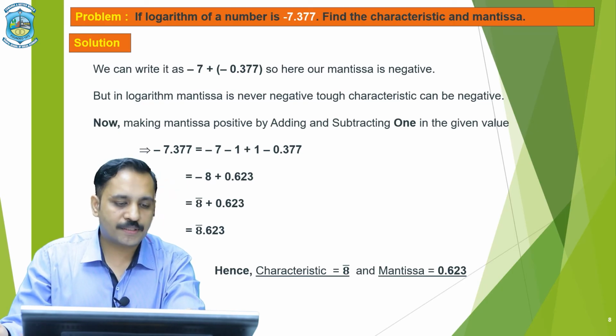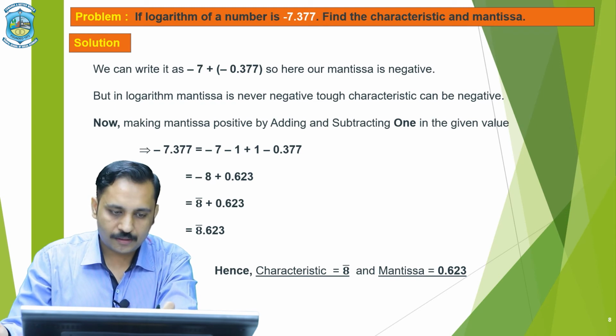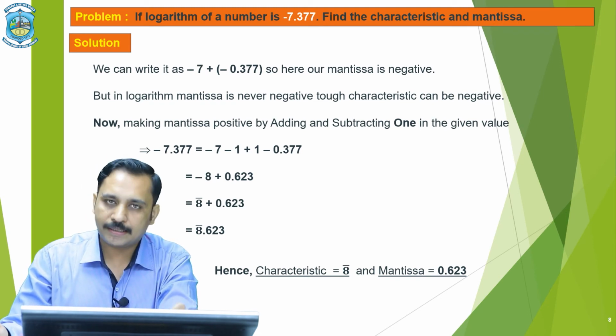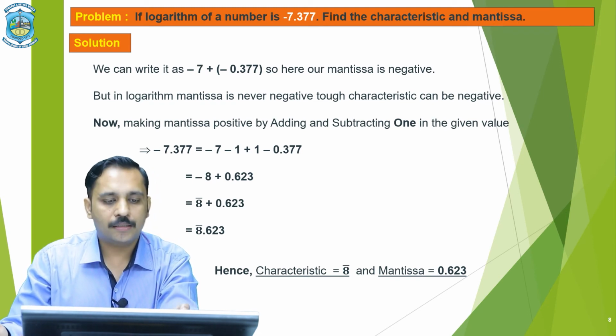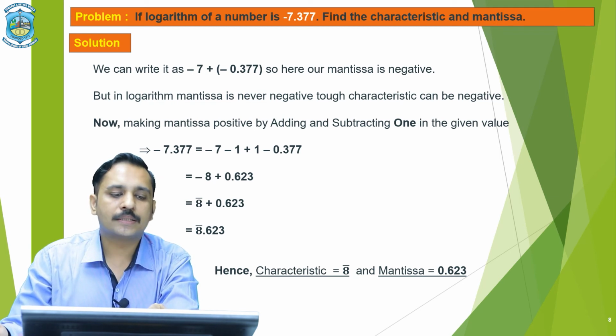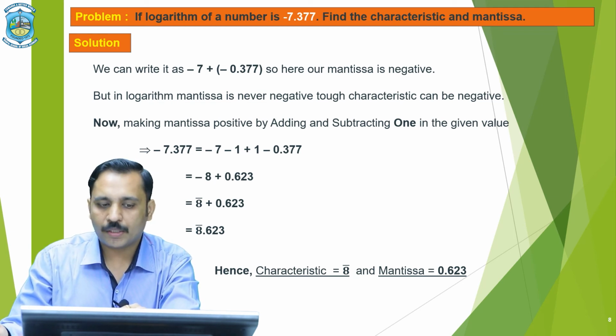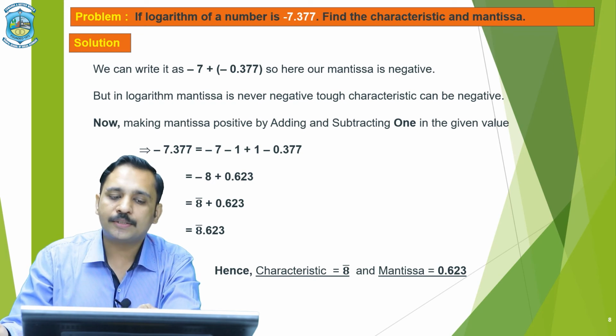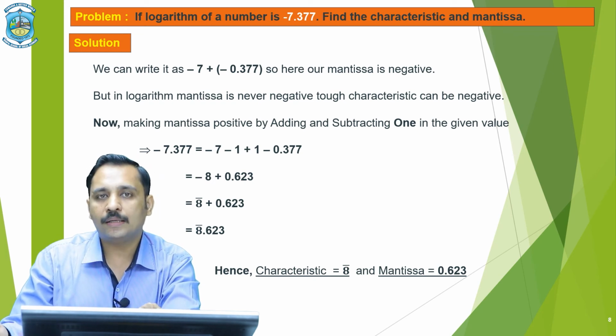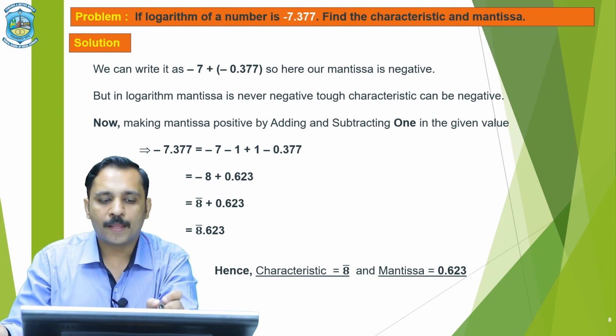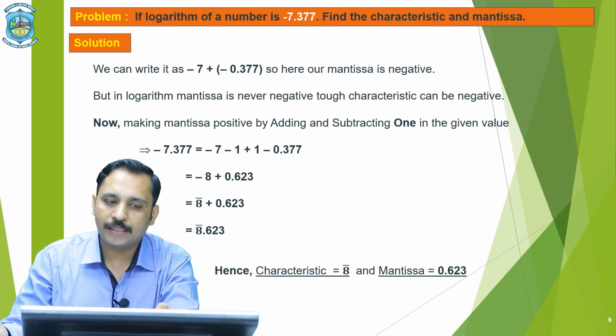Let us see how. So we have minus 7.377. It can be written as minus 7 minus 1 plus 1 minus 0.377. If I subtract 0.377 from 1, this decimal part can be converted into a positive value. So we have 0.623.